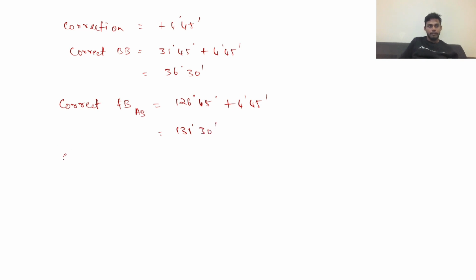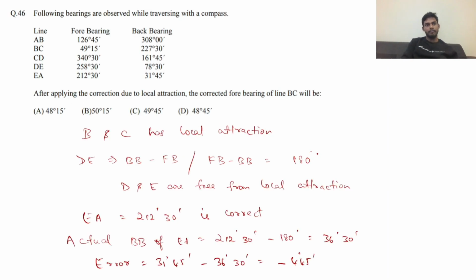And therefore the correct back bearing of AB will be 180 degrees plus 131 degrees 30 minutes, which is equal to 311 degrees 30 minutes. 311 degrees 30 minutes is the correct back bearing of AB, but the given value is 308 degrees 0 minutes.